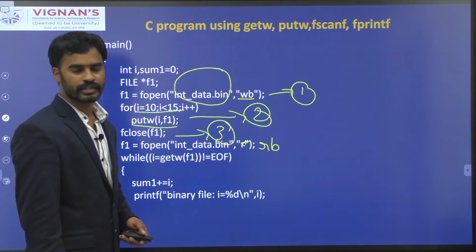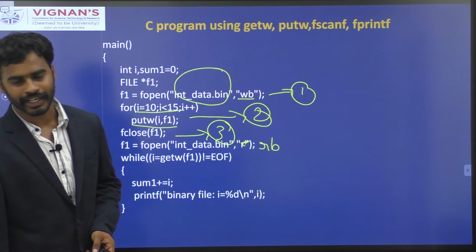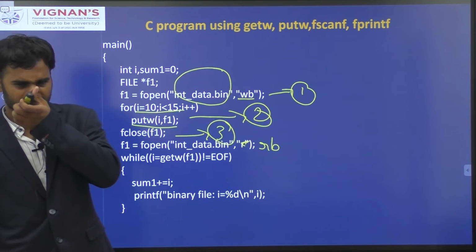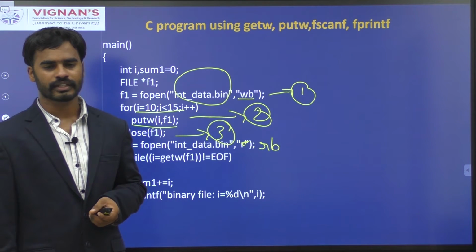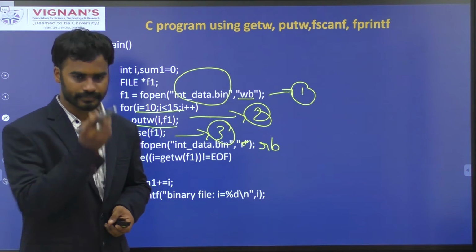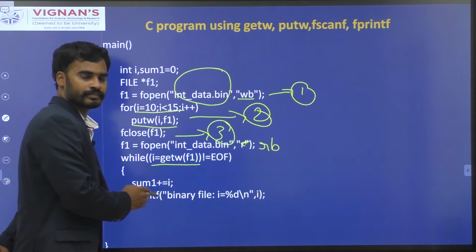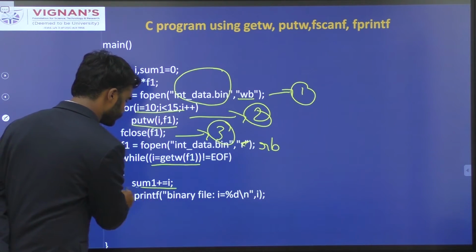Here we are not just going to read the data, we are going to find the sum of the integers that are there in the file. Read one integer at a time and add it to the sum.